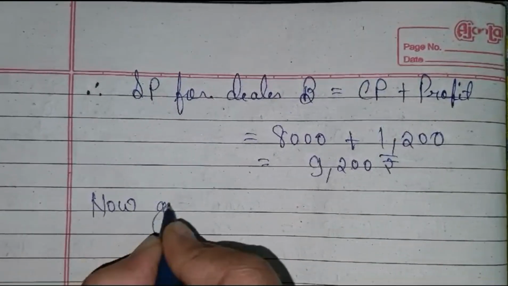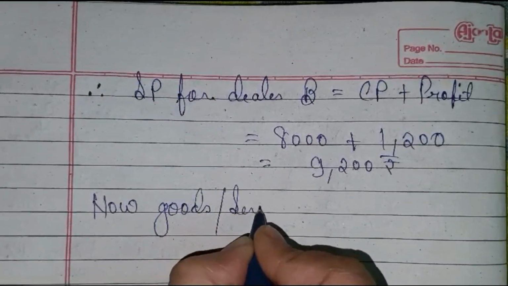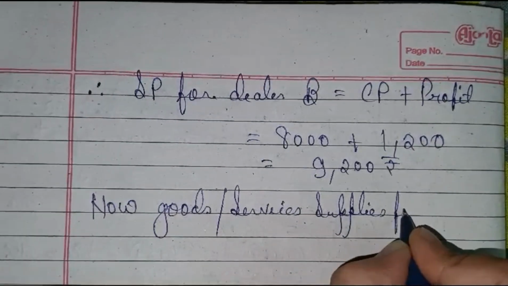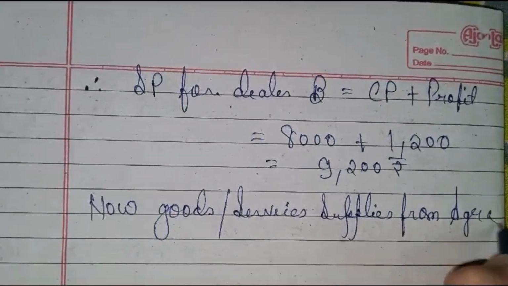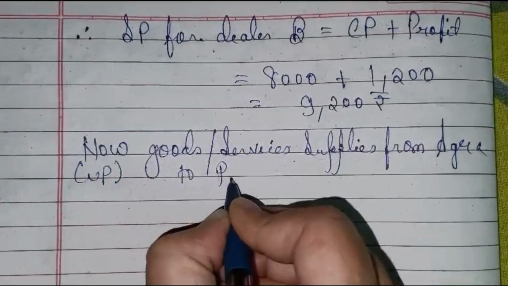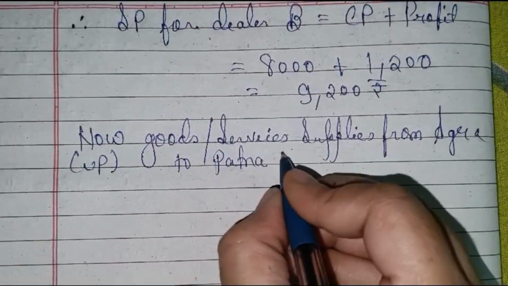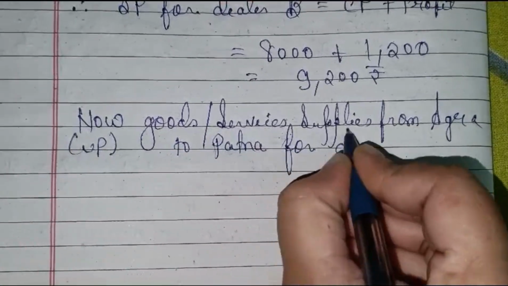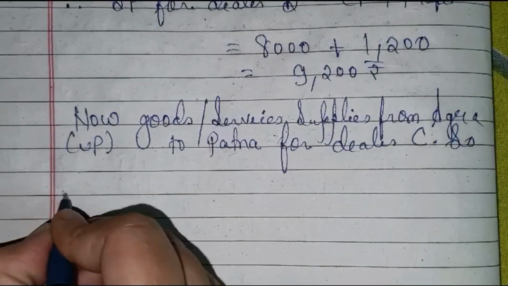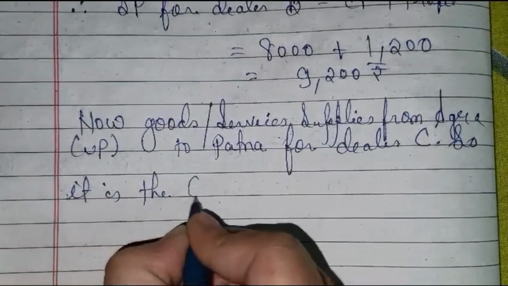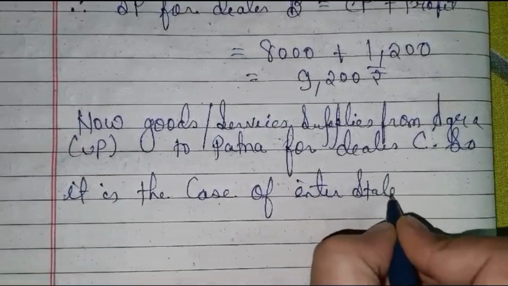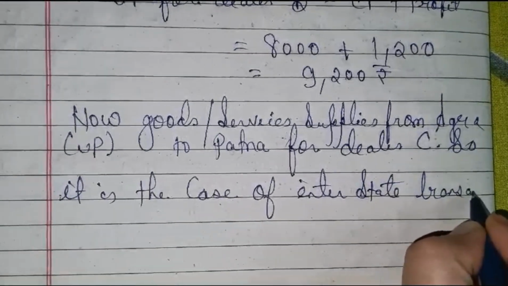Now goods or services supplies from Agra, UP to Patna for dealer C. So it is the case of interstate transaction.